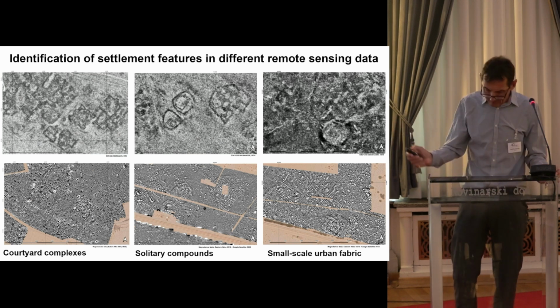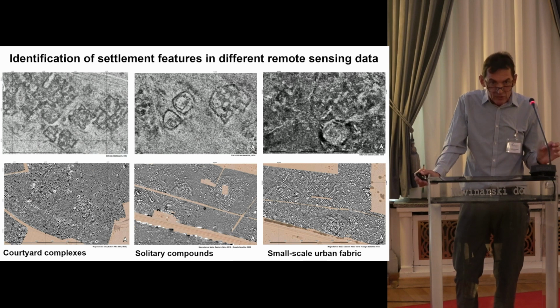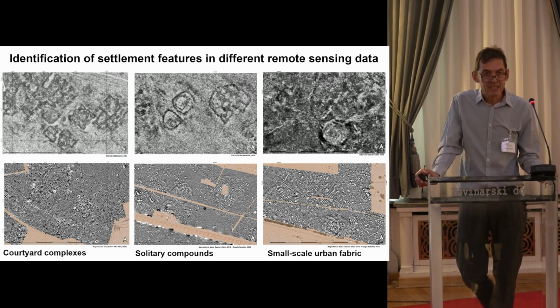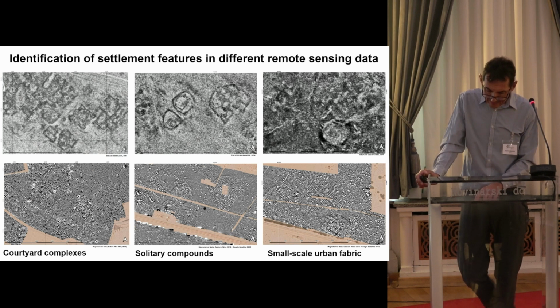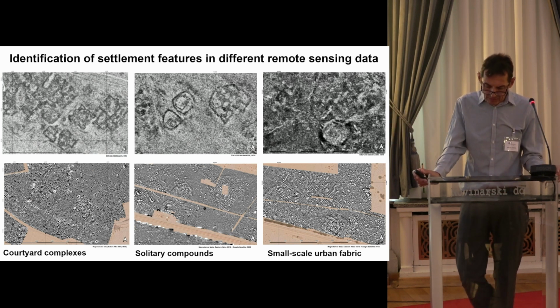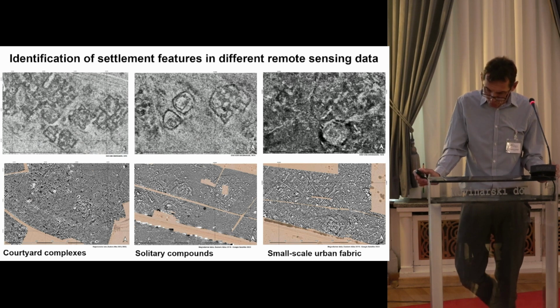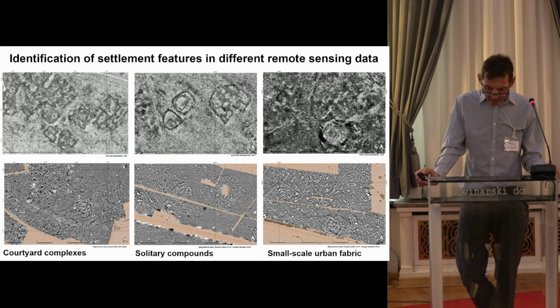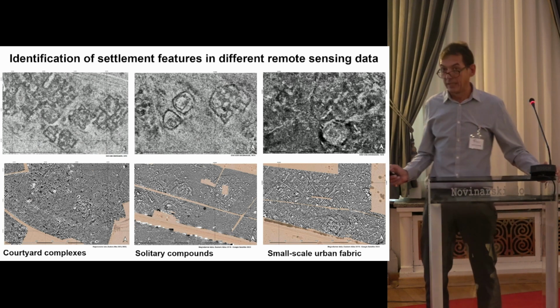Here, the juxtaposition of Hexagon imagery with magnetometer data shows three types of settlement forms, to be seen also in other parts of the Hexagon image.